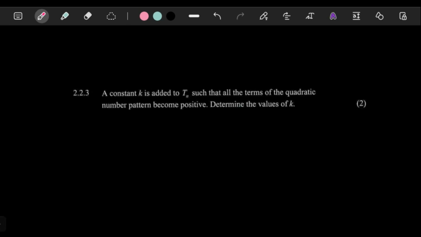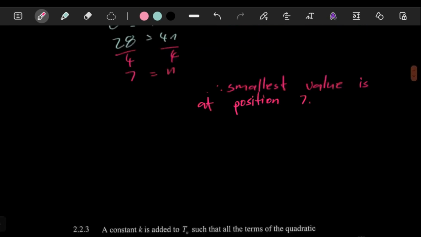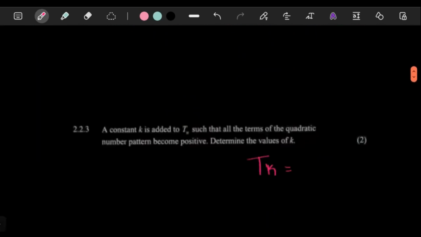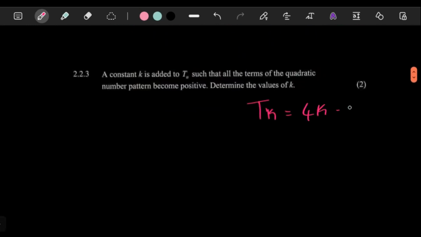So remember, what you want to recognize is that Tk is just going to be a straight line graph, because here you can see the equation. It's just 4k minus 26. Tk is equal to 4k minus 26. So the idea now is it's a straight line graph. This is the kind of straight line graph that would technically look as follows.